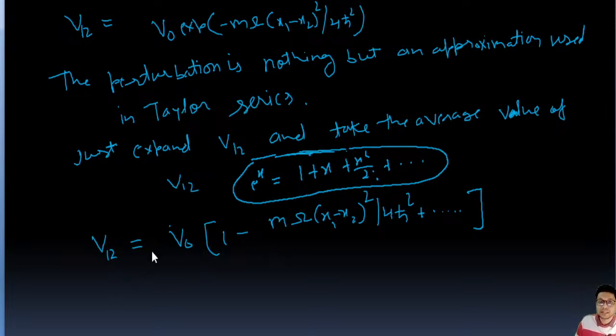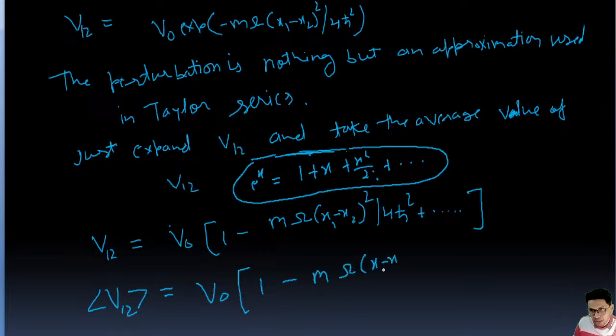Instead of doing that tedious task, we'll solve it like this. We'll take the average of this, which is V0 into 1 minus mω (x1 minus x2) whole square upon 4ħ squared plus 1. We'll take the first two terms only.